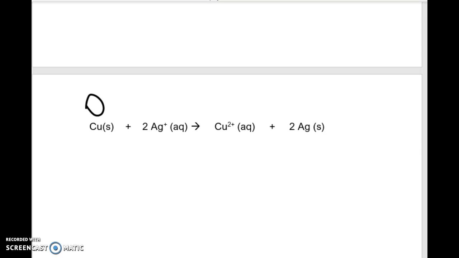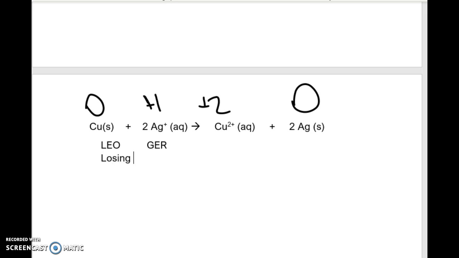Over here, it's a monoatomic ion, so it's +2. Over here, silver is +1. That's the atomic charge, so it's going to be +1. We don't care about the number in the front. And then here, we have solid silver in its natural state, so that's 0, right? So now we should be able to tell which one's being oxidized and reduced. Remember, LEO the lion says GER, right?